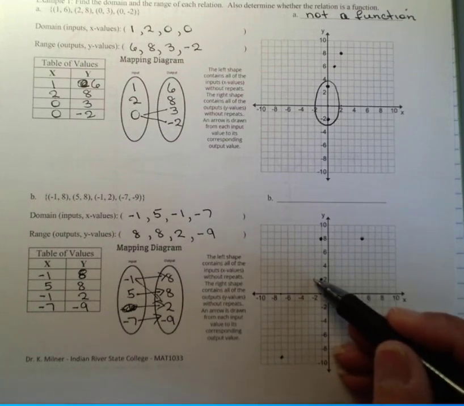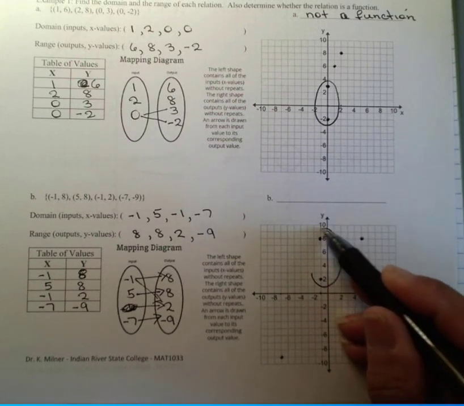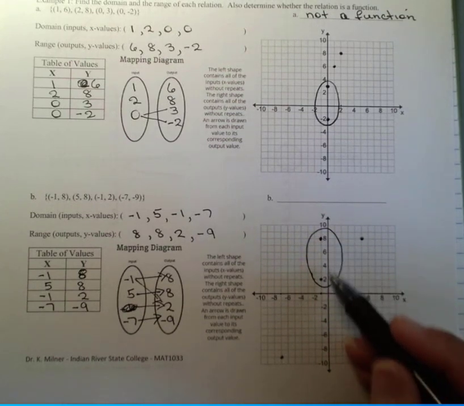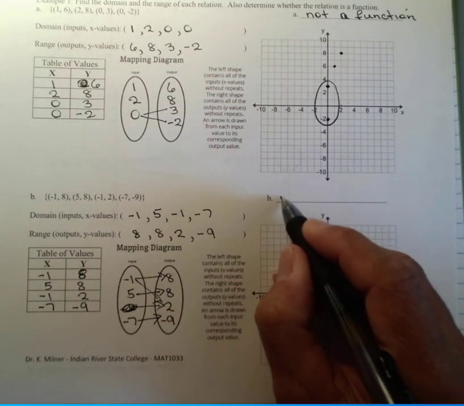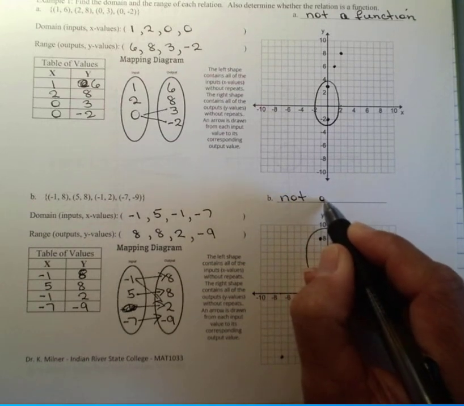Now, where's my problem? Right here. Once again, these 2 points are stacked on top of each other, and that means that they have the same x value, and each x value has to have a unique y value. That's going to cause me trouble, and it's not going to be a function. So this one we could say is also not a function.